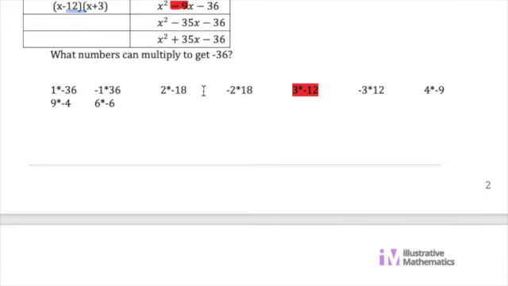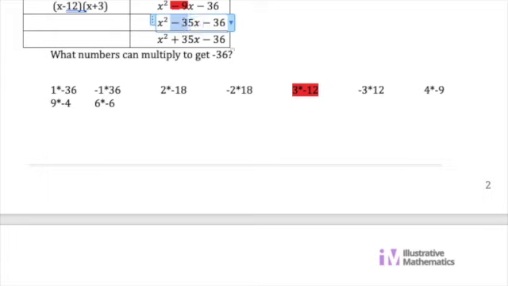So there's that one. And then you want to think, all right, well, what if I have x squared minus 35x minus 36? Again, I need a positive and a negative because you're multiplying to get to negative 36. And what two numbers add to get negative 35?